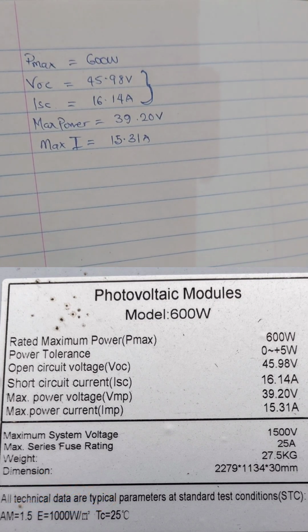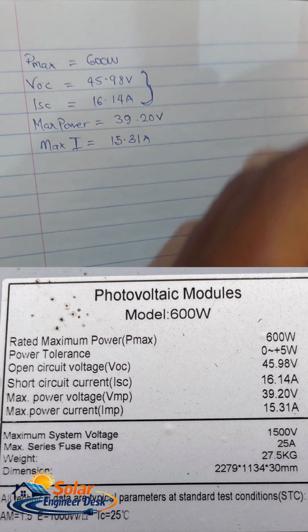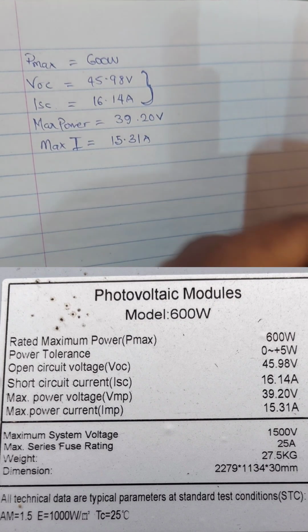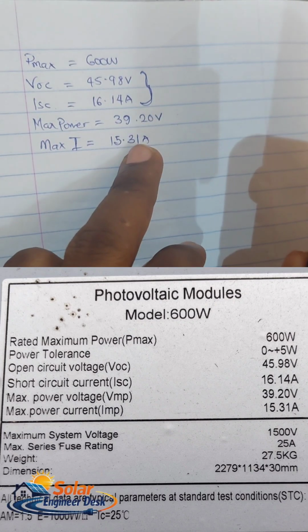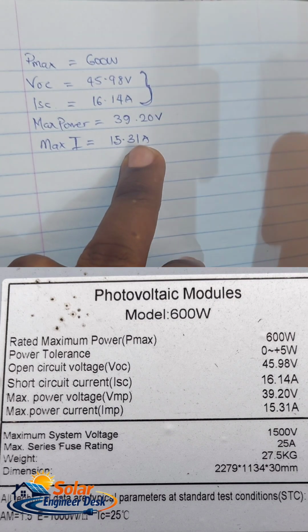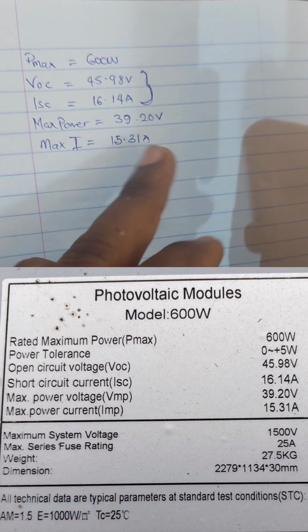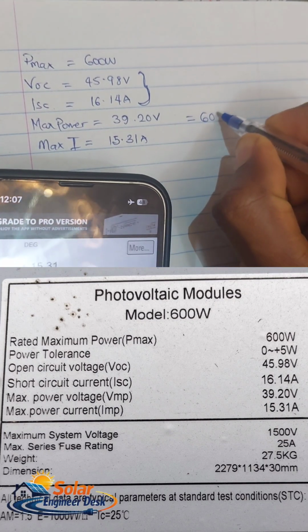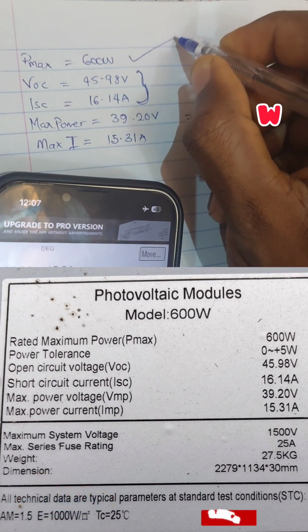So if you multiply these two, we should have 39.20 multiplied by 15.31, which would give us 600.152 watts, which makes this accurate, right?